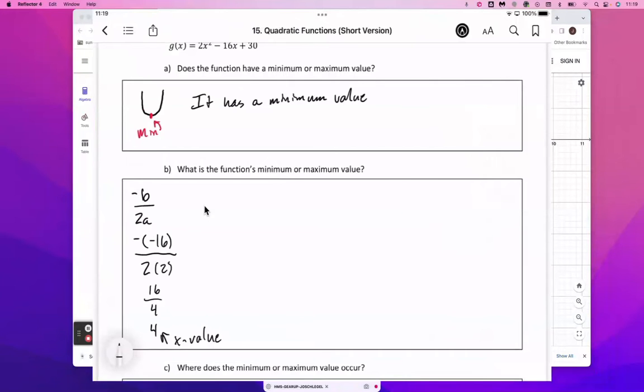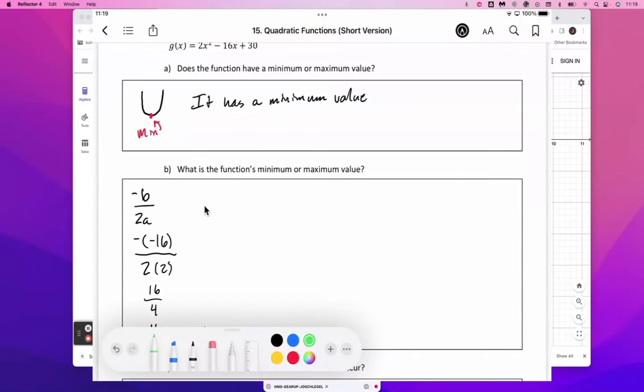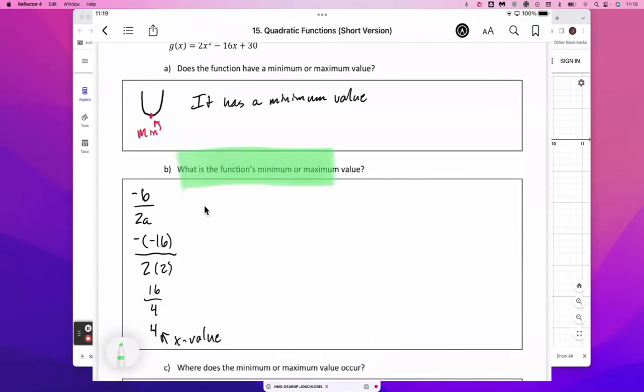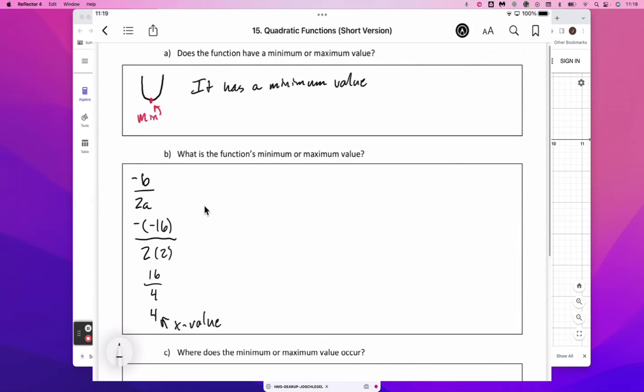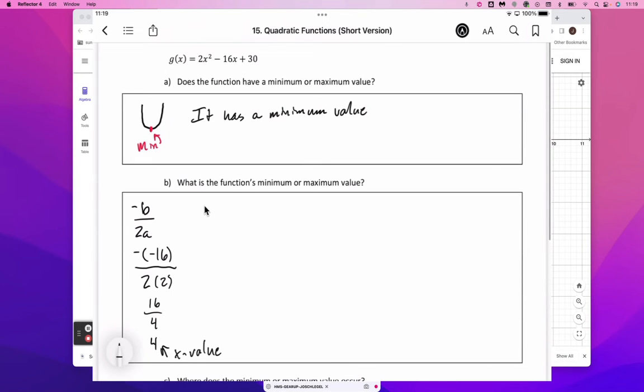So this question is an interesting one. What is the function's minimum or maximum value? The answer is not 4. The answer is that this happens at the x value 4. For us to figure out what the minimum value is, they're actually asking for the y value. And so to find the y value, I'm just going to replace that g of x with y because those things are interchangeable.